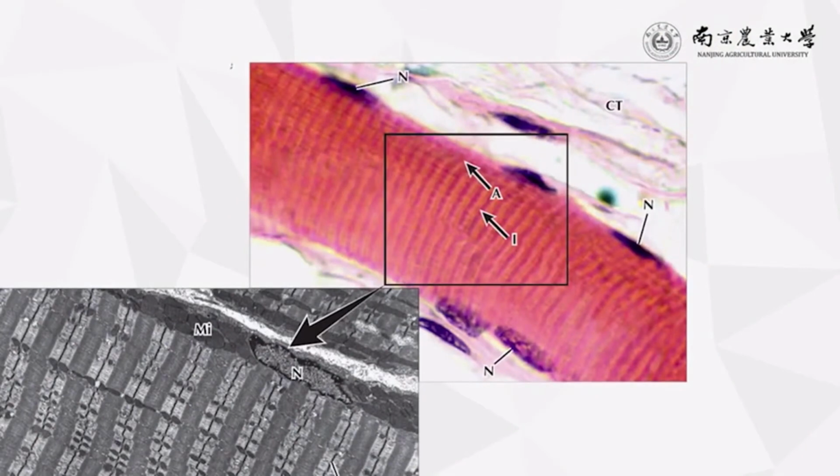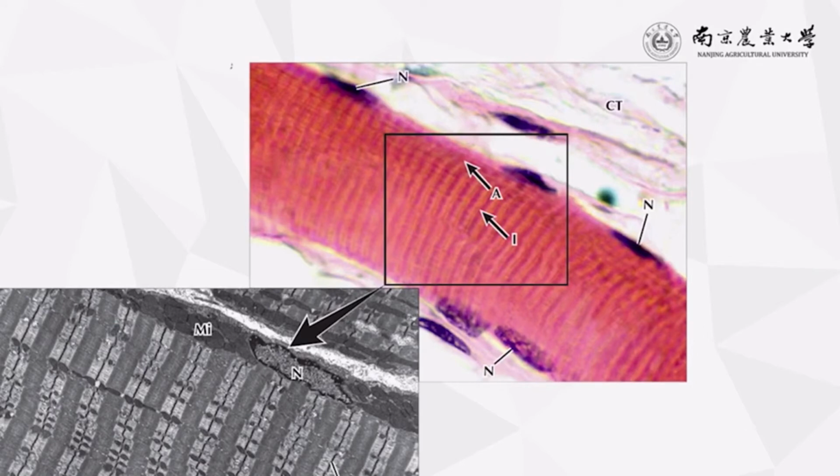Here is the picture of light micrography of part of a skeletal muscle fiber in longitudinal section. The regular cross striation pattern is clear. Alternating dark and light segments cross the fiber from one side to the other.